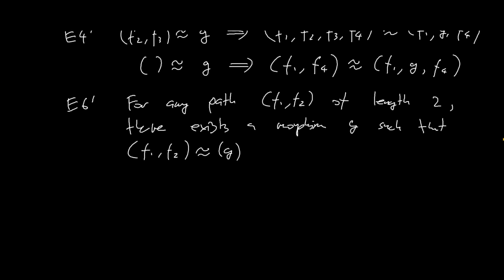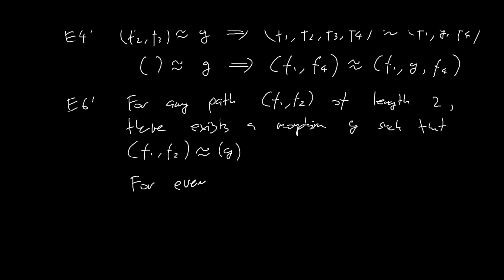And I want the same for the empty paths. So we have exactly one empty path for every object, because once I fix the object, there is only one empty path that connects this object with itself.